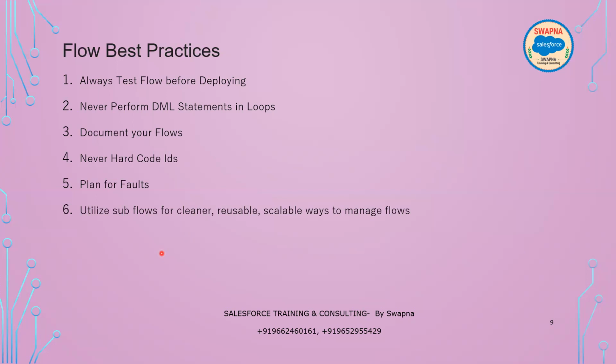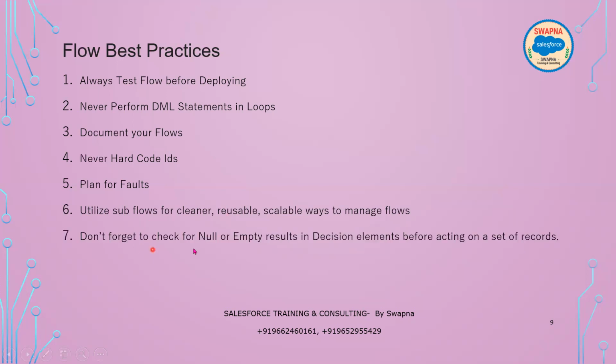So create a common flow and use that common flow wherever it is required. Instead of repeating the same step in every flow, better create a separate flow and call that subflow into the parent flow. So what will happen, it will be cleaner, reusable, scalable, and easy to manage. In case you wanted to change anything in the smaller flows, we can change it easily.